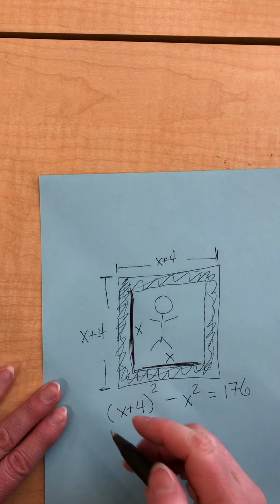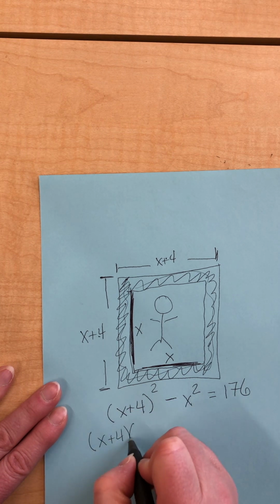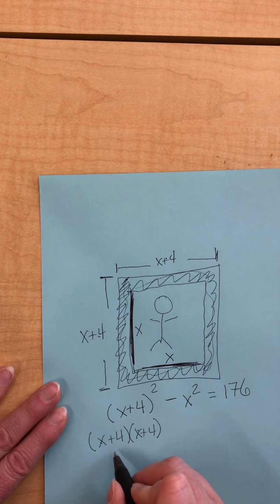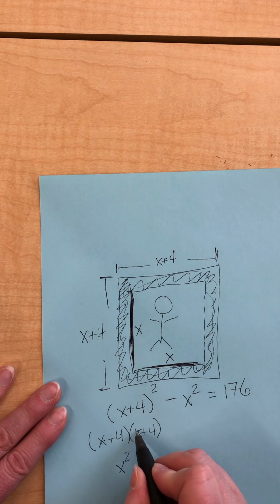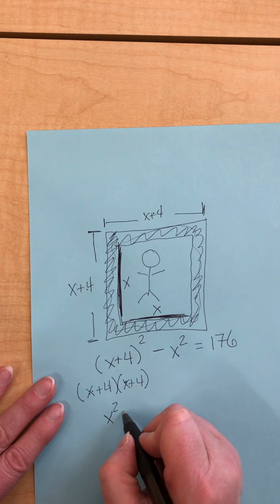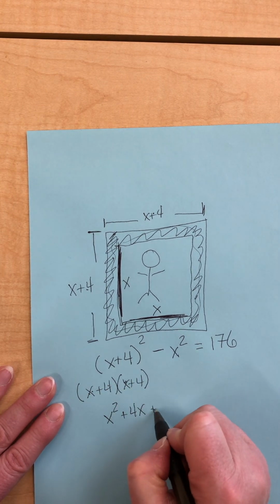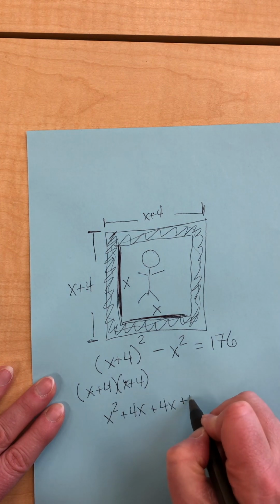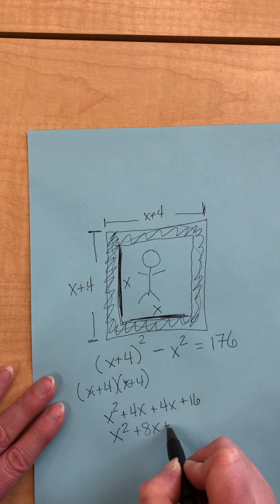So we need to multiply this out. First is x squared. Inner is 4x. Outer is x times 4, which is 4x. And last, 4 times 4 is 16. They're all positive, so this is x squared plus 8x plus 16.